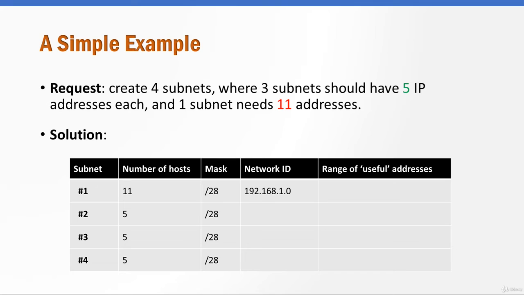So the network ID we're going to begin with is 192.168.1.0. The range of useful IP addresses will begin at 192.168.1.1, and the last useful address is going to be 192.168.1.14. 192.168.1.15 is going to be our broadcast address that we can't allocate to a host or a router interface. So the next network ID, the network ID for our second subnet, is going to be 192.168.1.16.